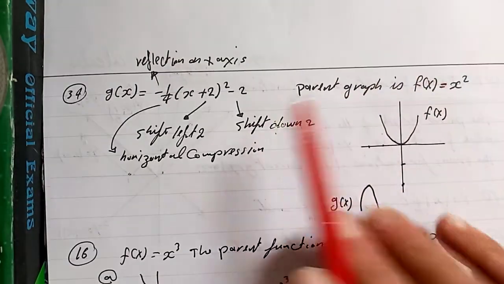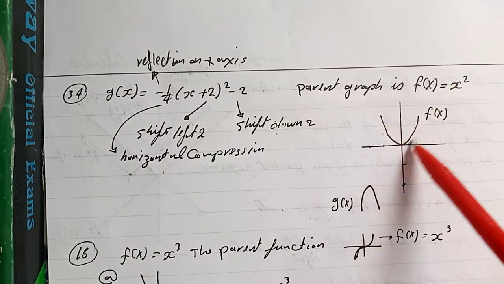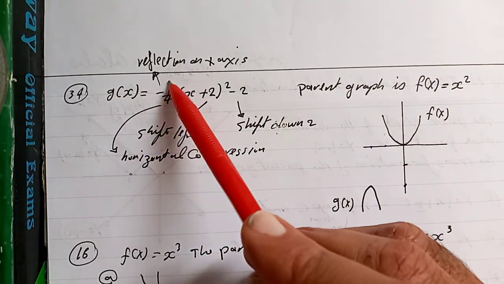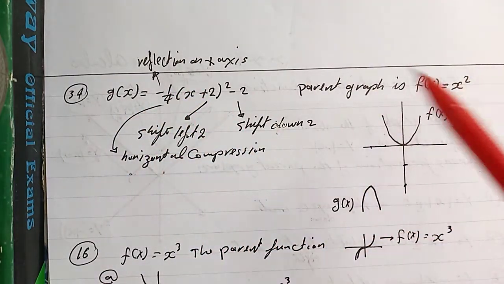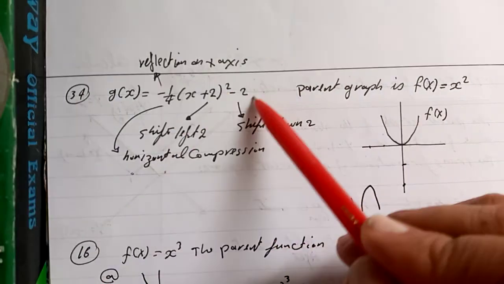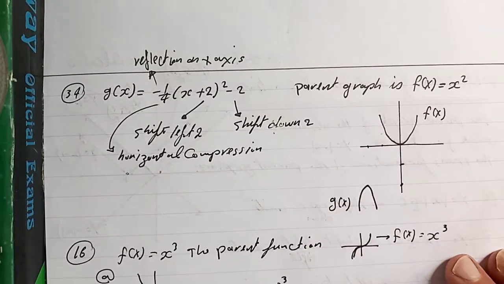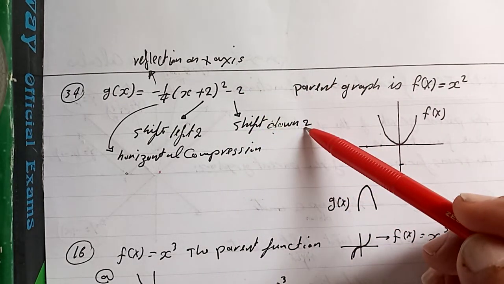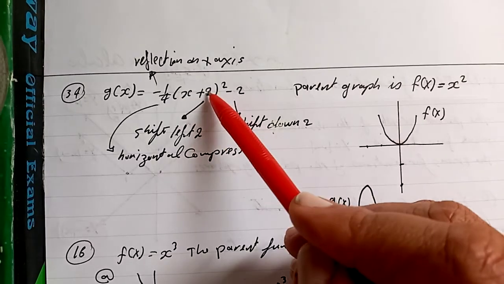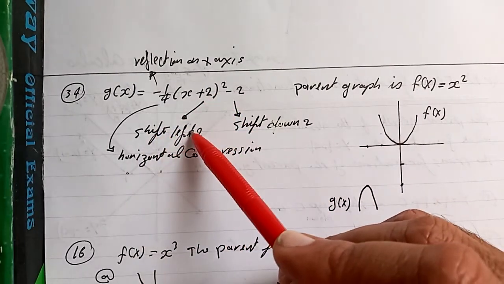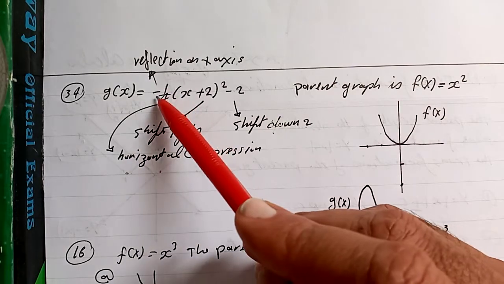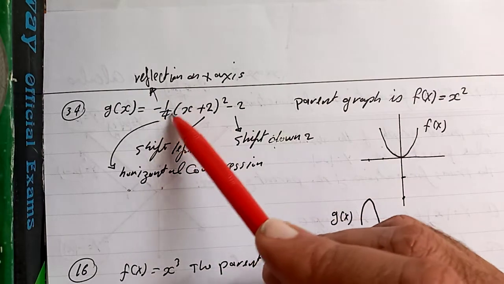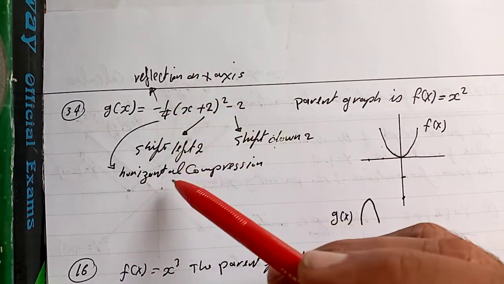The parent graph of this function is f(x) equals x squared, this one, the quadratic function. And for g(x) equals negative 1 over 4 times (x plus 2) squared minus 2, I need to know what transformations happen to this one. This negative 2 makes a shift down 2, and this plus 2 makes a shift 2 units to the left, and this negative 1 over 4: the negative makes a reflection on the x-axis, and the 1 over 4 makes horizontal compression.